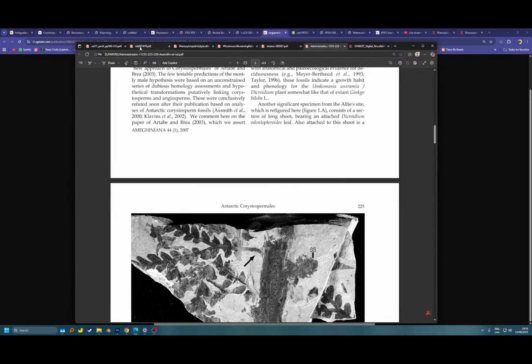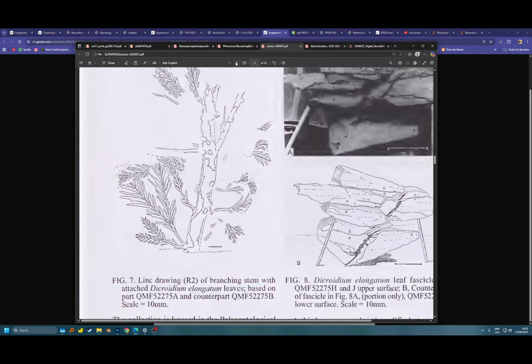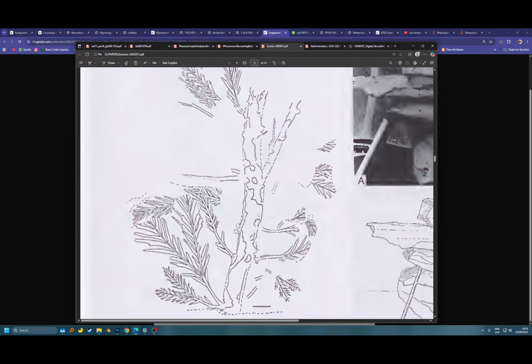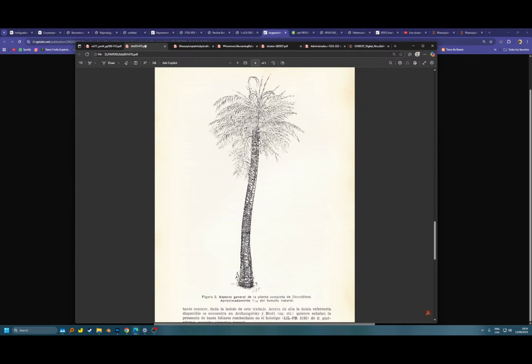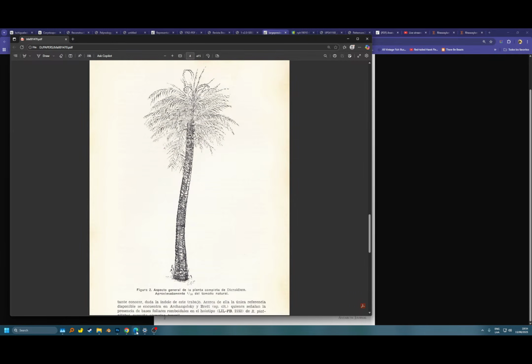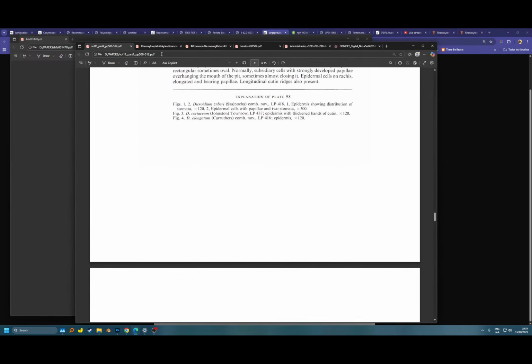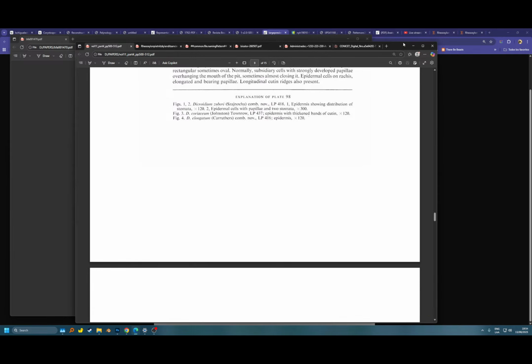And there's a third species that I don't have access to the paper, which shows something like this too. It shows more attachment evidence. So we have this reconstruction here, and we have where is it? Where is it?